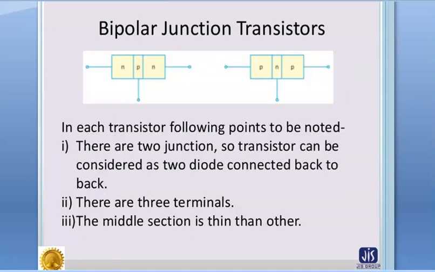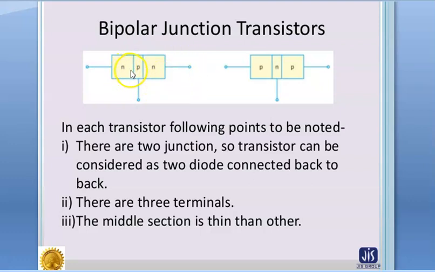In the previous lectures we have already studied the PN junction diode. Here if an n-type and p-type semiconductor are close to each other, then it forms a PN junction. When two such PN junctions are connected back to back, then it can be considered as a transistor.